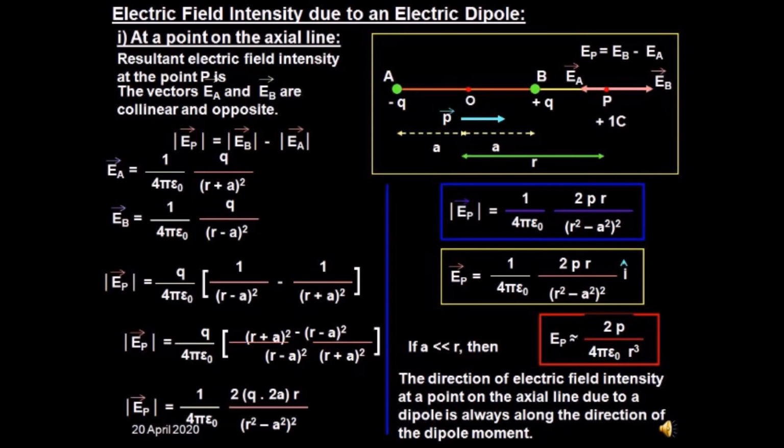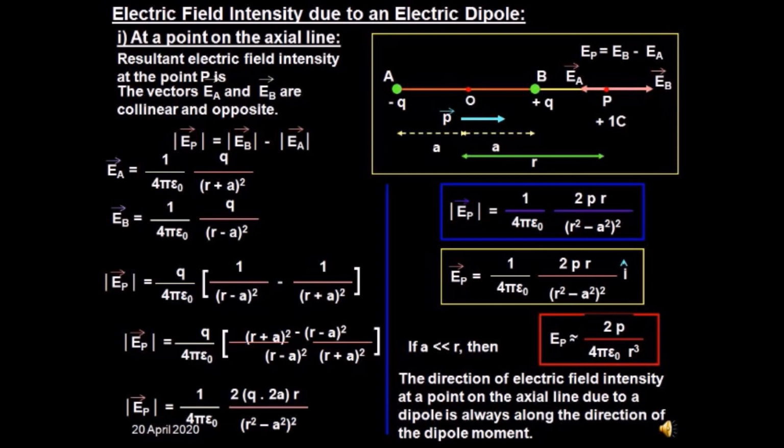Now this is the exact and final formula achieved, but we can go one more step ahead by taking an approximation. Read this line: if A is very less than R, the meaning is A means the dipole dimension. If the dipole is of very small size, generally dipoles are of atomic sizes.